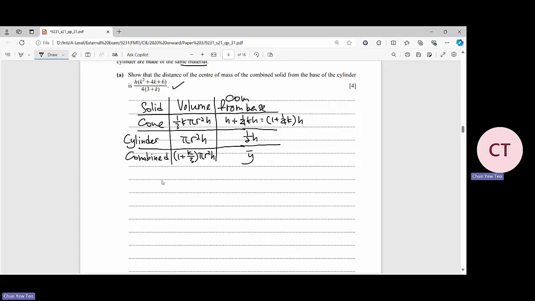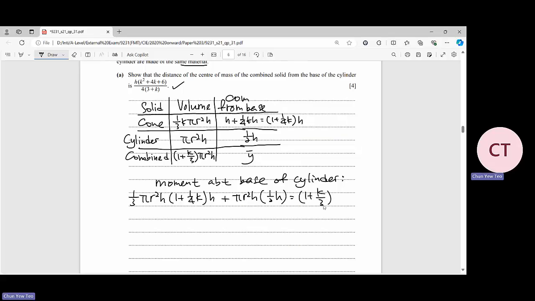Now we can find the bar y by taking the moment about the base of the cylinder. So you will have 1/3 pi r squared h multiplied by this plus this equals to the 1 plus k/3 pi r squared h bar y.